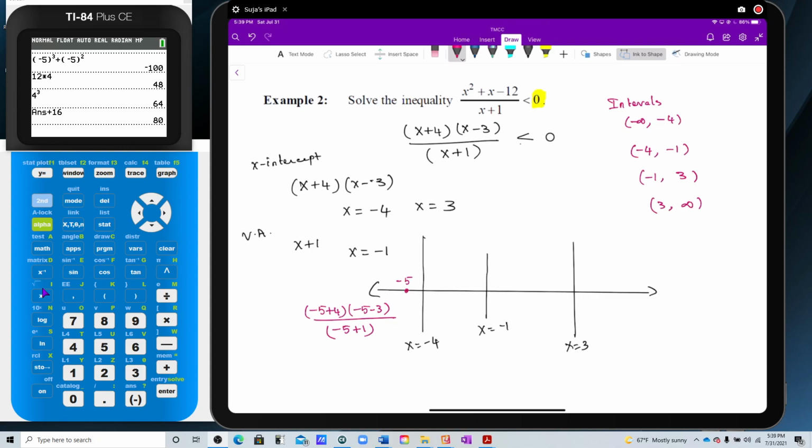Negative 5 plus 4 is negative 1, and negative 5 minus 3 is negative 8, divided by negative 5 plus 1, which is negative 4. So this would be a positive 8 over negative 4, which is negative 2, less than 0, which is a true statement. Therefore, this piece will be in my answer.